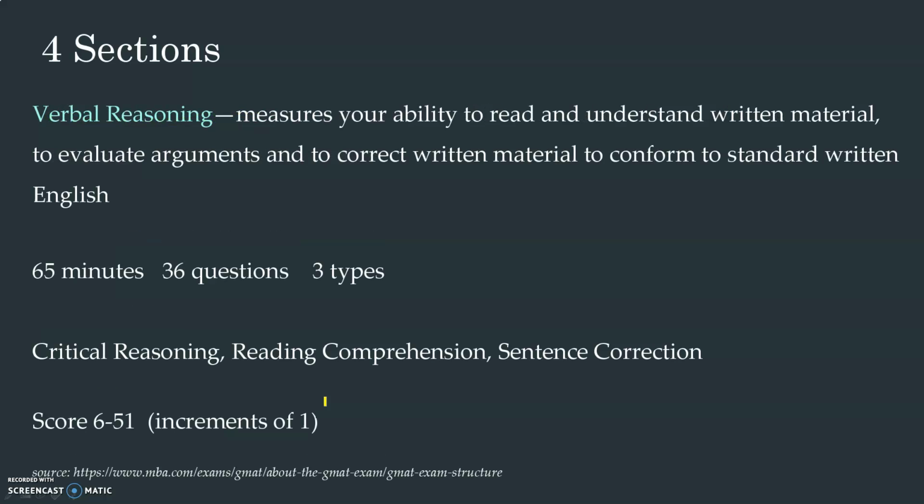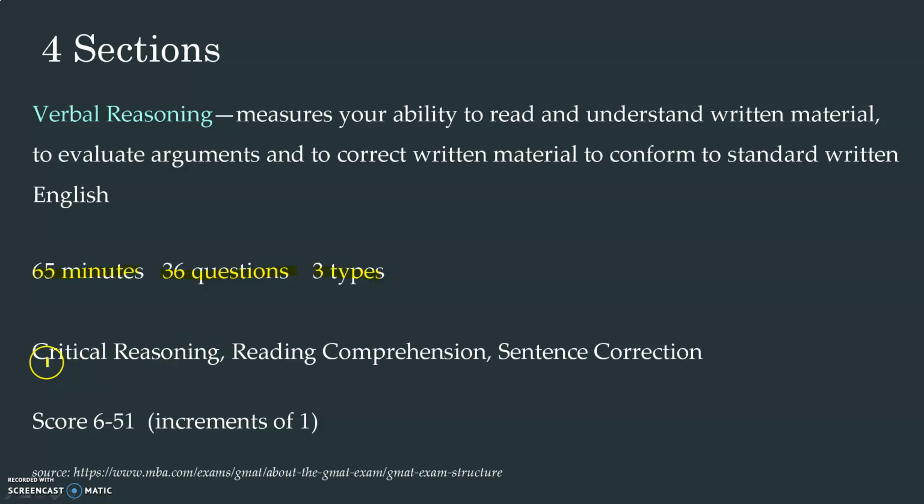And the 4th section is the verbal section, which measures your ability to read and understand written material, to evaluate arguments, and to correct written material to conform to standard written English. Again, that's the official description. For us, what's important is that the verbal section is of 65 minutes duration, has 36 questions, and 3 types.